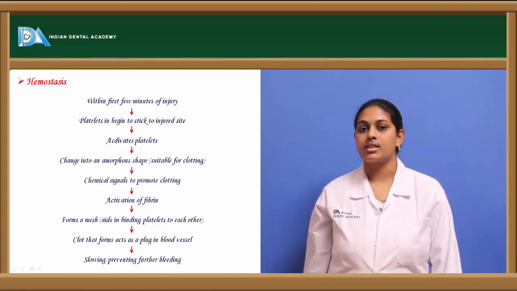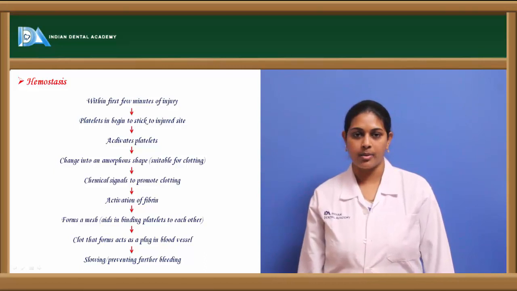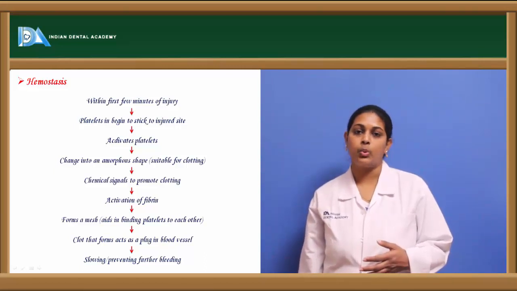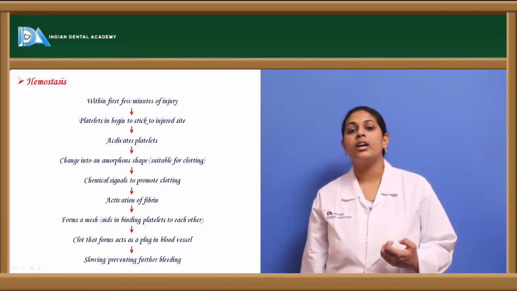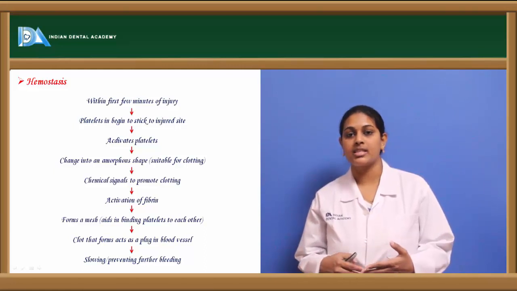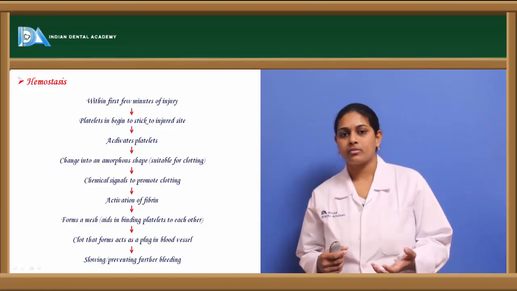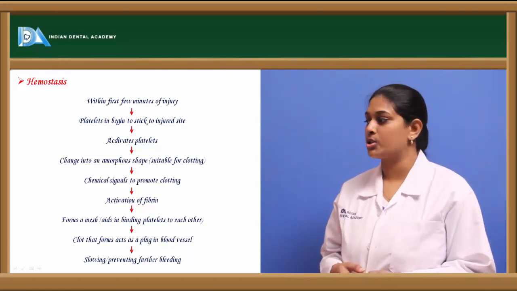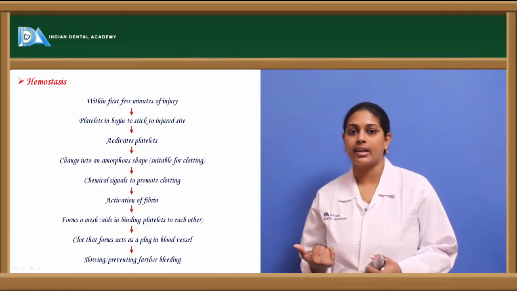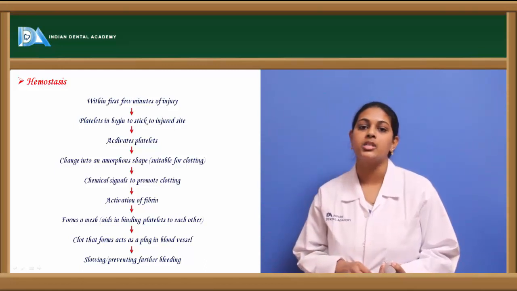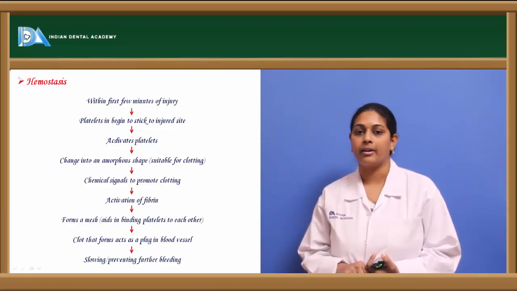So, hemostasis: coming to the detailed description of what happens in hemostasis. Usually when there is a cut wound, there is bleeding. This bleeding from the cut edges causes the attraction of platelets to these injured sites. That is, the platelets come and aggregate at these injured sites with the help of platelet adhesion factors.